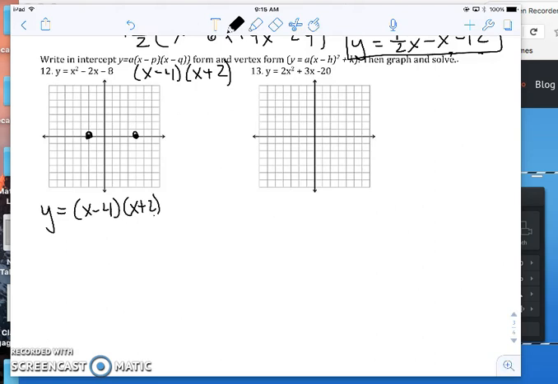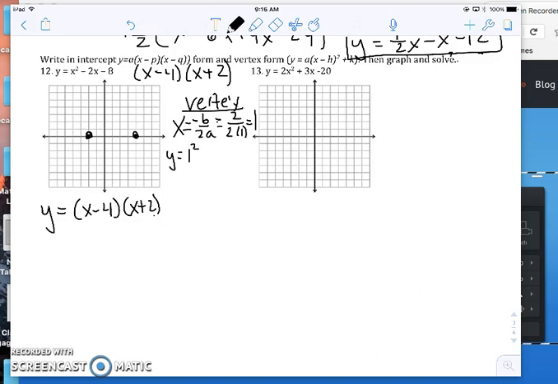The next thing we need to do is find our vertex. So let's see, vertex. X equals the opposite of b over 2a. So that would be 2 over 2 times 1. So that's 1. And let's see, plug that in.